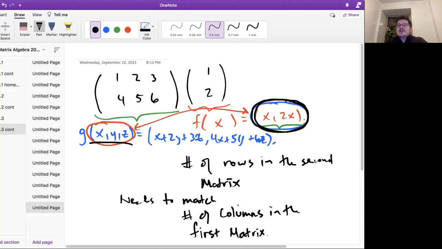Okay, sorry, we're out of time. We'll do more of this tomorrow. This was really just an introduction to even get to talk about matrix multiplication. Next time we're going to do a lot more examples, and we'll come up with the general formula.